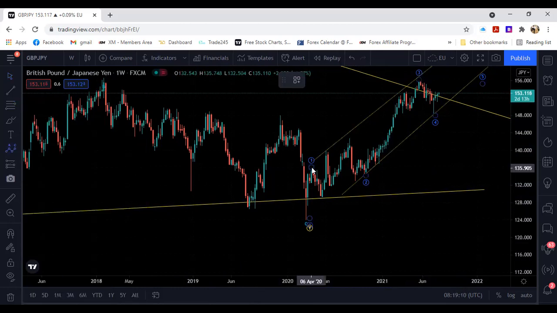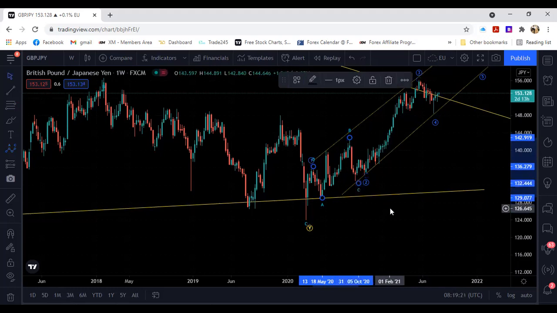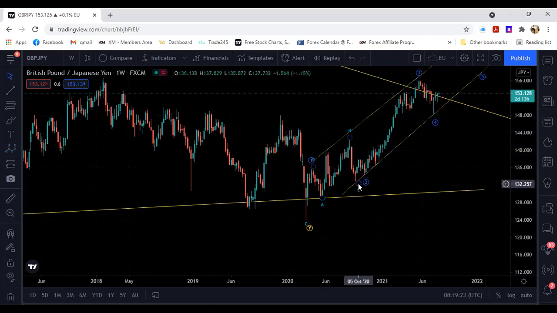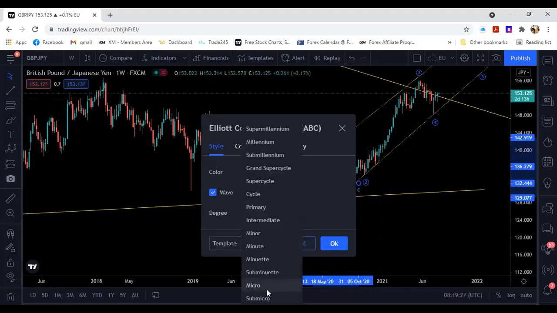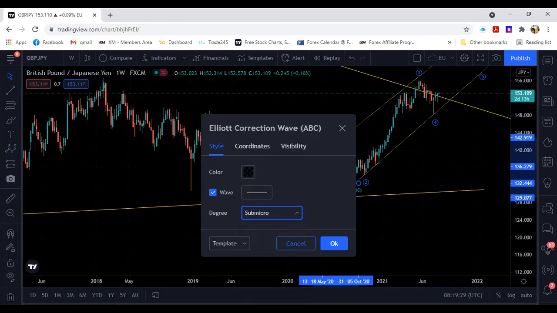So we said that from this point to that point, it gave me my A, right? And then here it gave me my B, then it gave me my C, all right? But let's also change them to submicro.